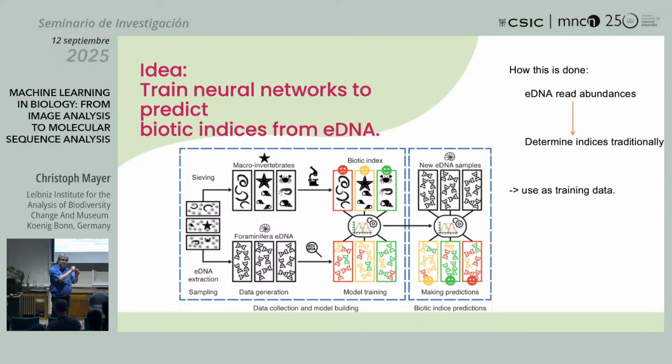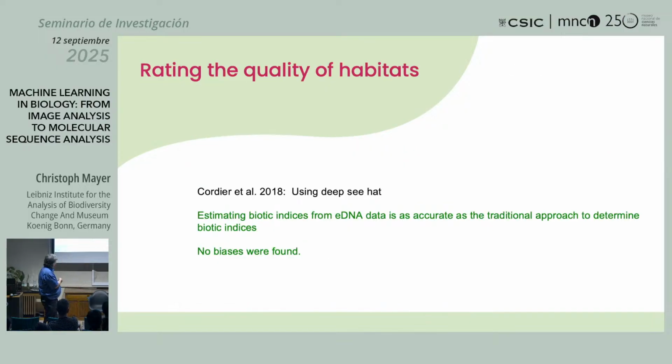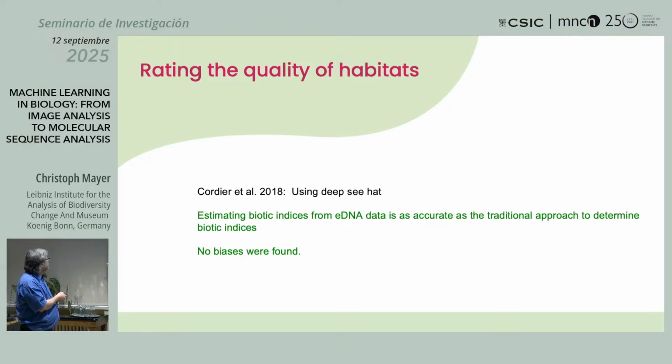So it's likely that there's a correspondence between the number of specimens that you have and the eDNA composition. And this can be used: basically you take the eDNA, you take the biotic indices as the label, and you do machine learning to do this transformation from eDNA to biotic indices. And that works quite well, as has been demonstrated. So no biases were found.